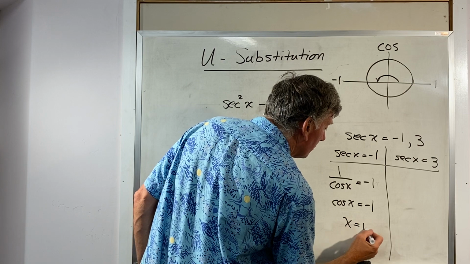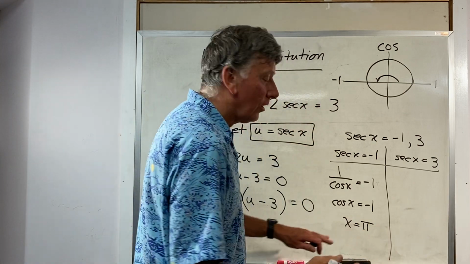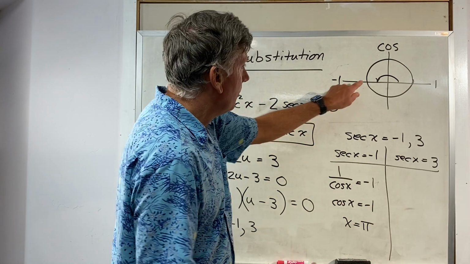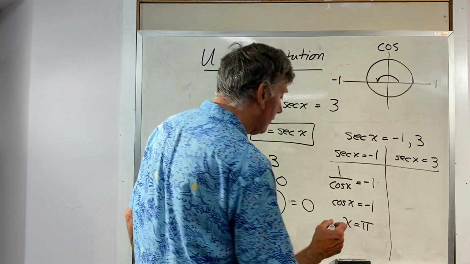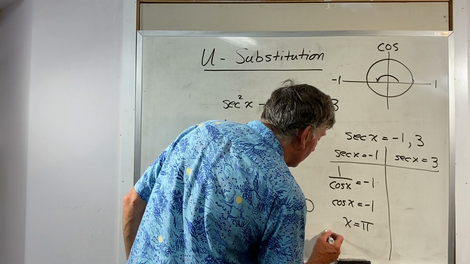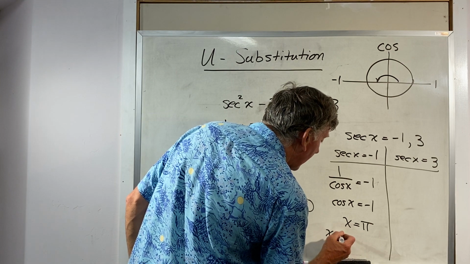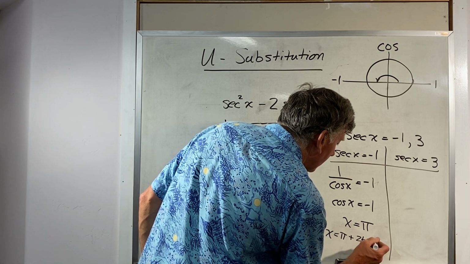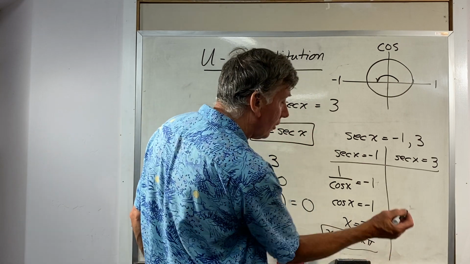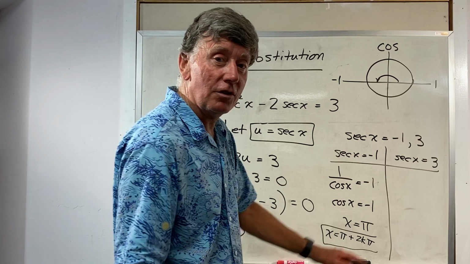So x is equal to pi. And of course we have pi plus 2 pi, so we're going to write our final answer as x equals pi plus 2k pi. So that's part of our answer, and I won't close the box because now I've got to do it for secant.